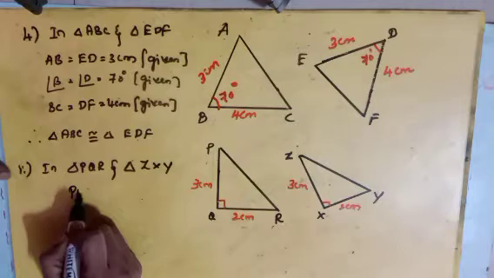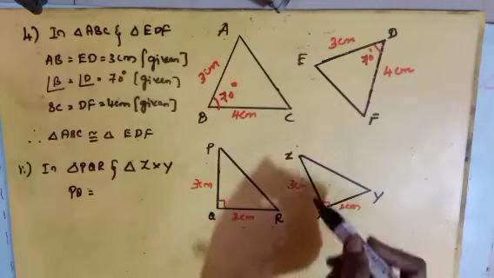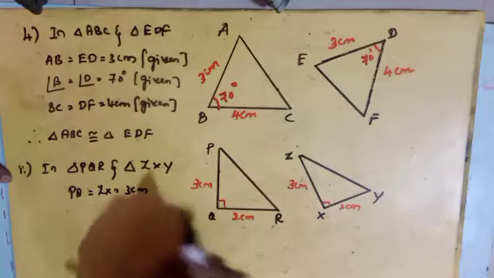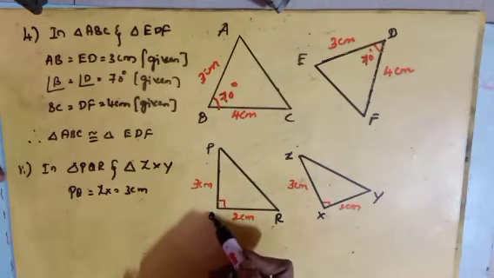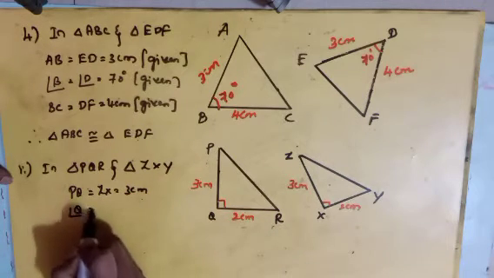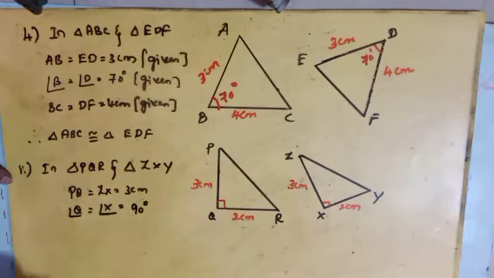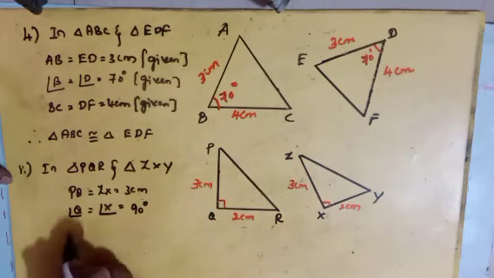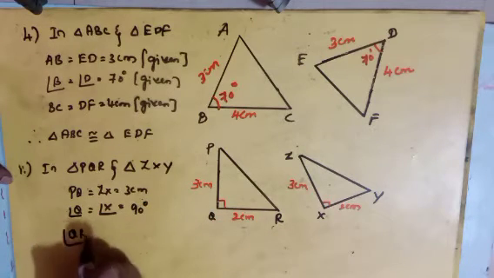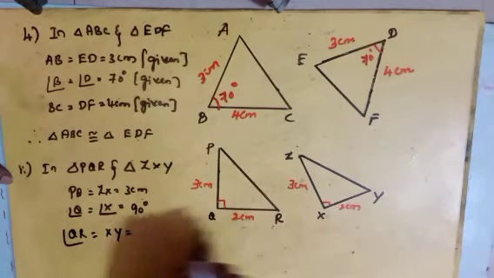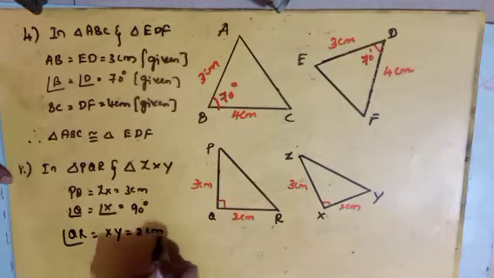PQ equals ZX, which is 3 centimeter. Next, angle Q is equal to angle Z, which measures 90 degree, it is a right angle. Next, the side QR equals the side XY, which measures 2 centimeter.